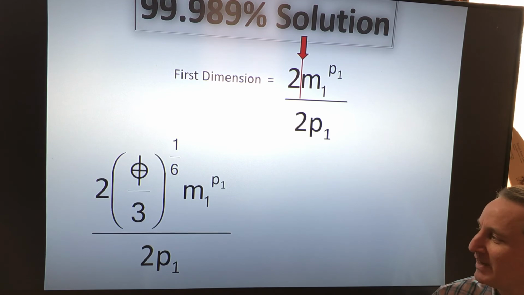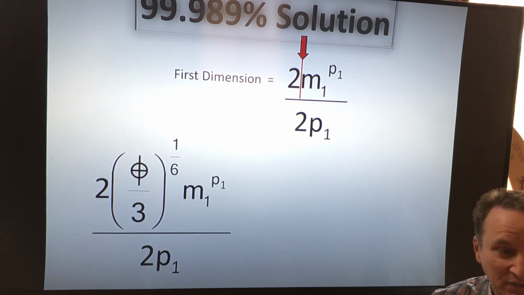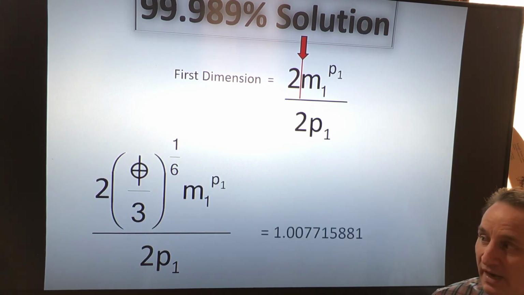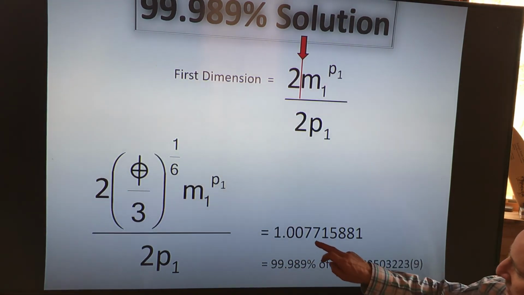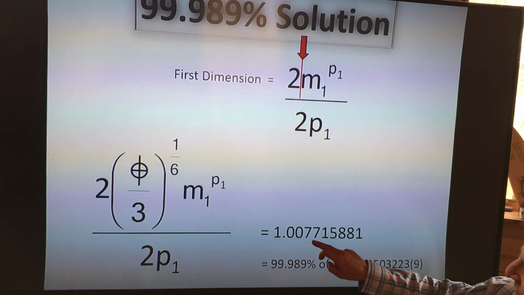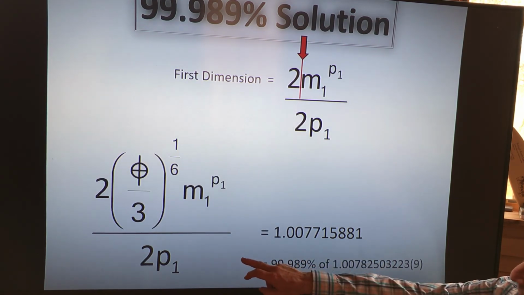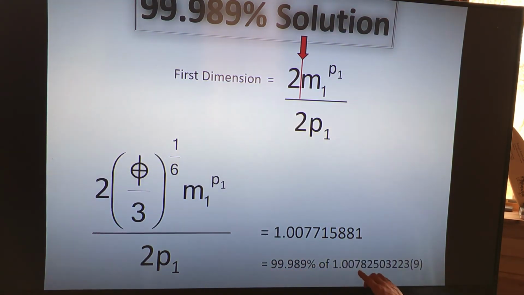And so it is actually that pi over 3 to the 1/6 equals 99.989% accurate to the accurate model of hydrogen that's observed, not the integer mass. So this value gives 1.00, the calculated 99.9% solution, and the value is 1.07825, and that's actually changed a little since I made the slide.